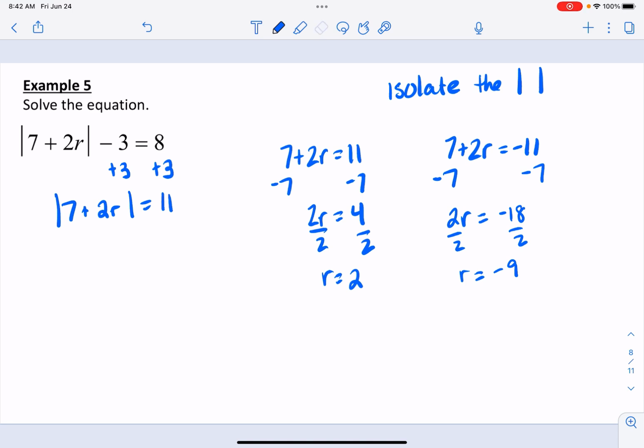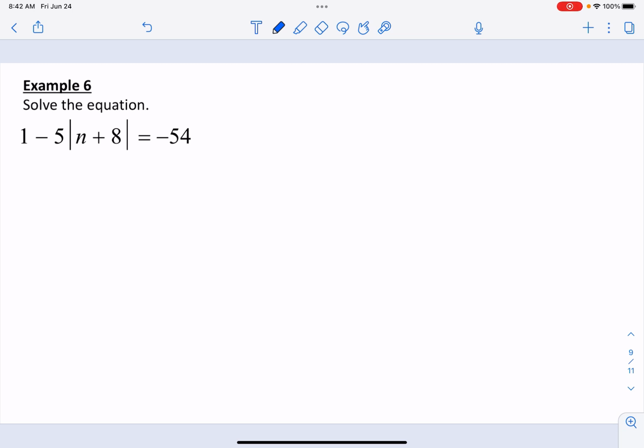So those are our two answers. Okay, so again, we want to isolate the absolute value. That has to be standing alone. Now this one's always a complicated one, and I add this one in here. This is a common problem that I do in my Algebra 2 with trig class.